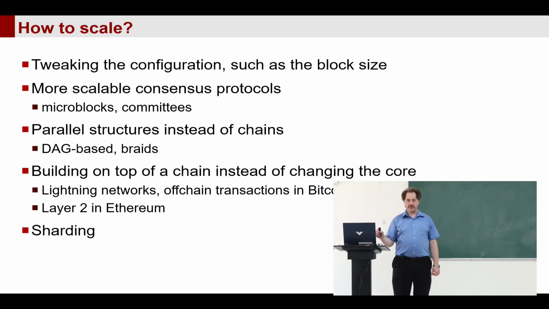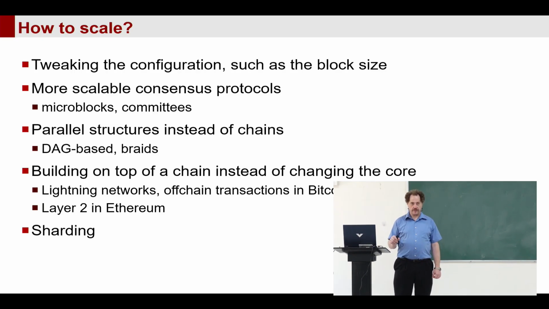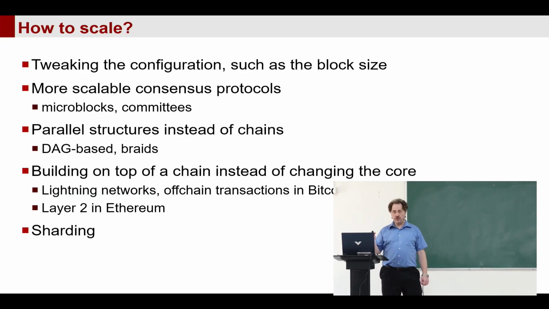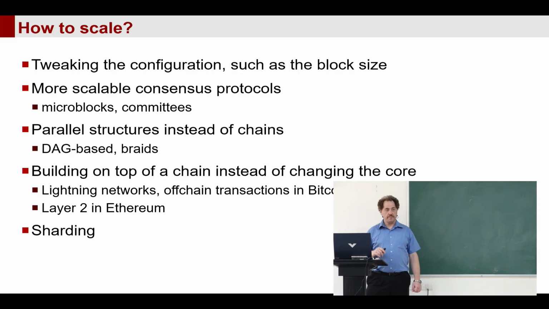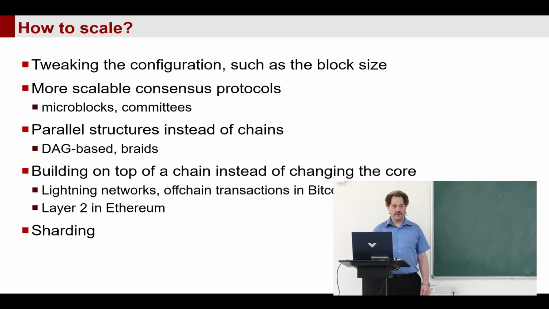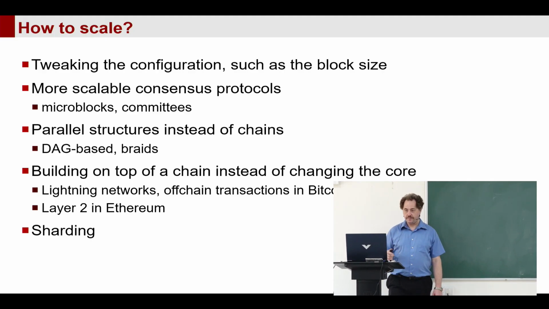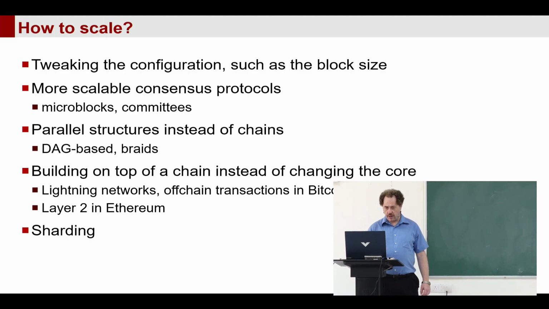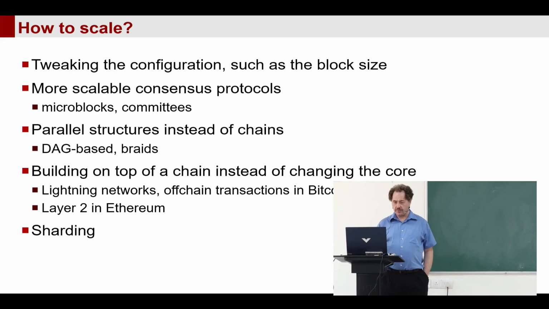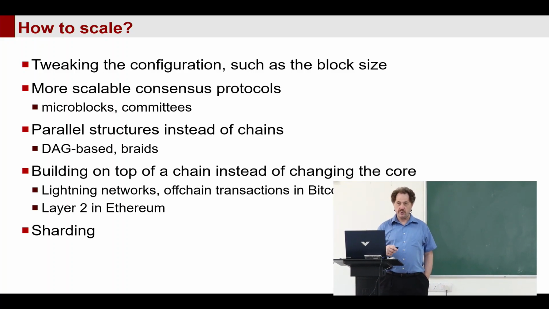And the fifth direction is that of sharding. So those are the 5 main techniques used to overcome scalability barriers in blockchain. I'm not going to talk much about number 2 and number 3 because we'll have dedicated lectures on that. But I'm going to cover 1, 4, and 5.